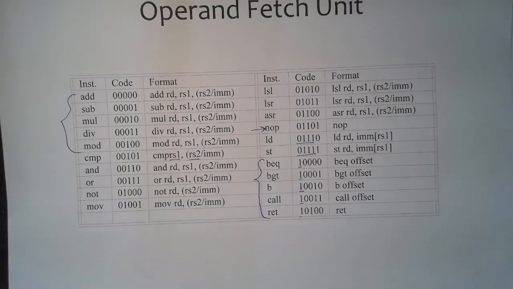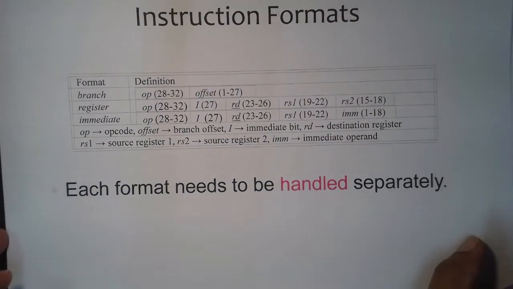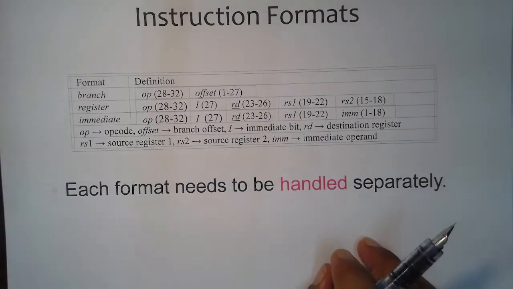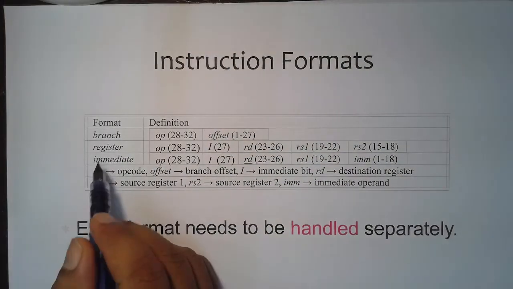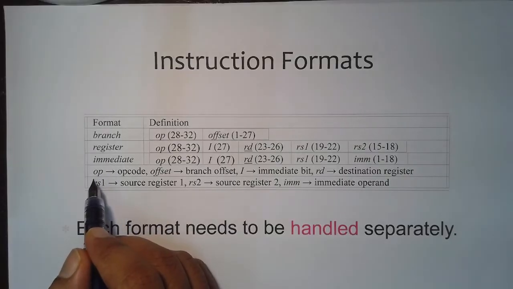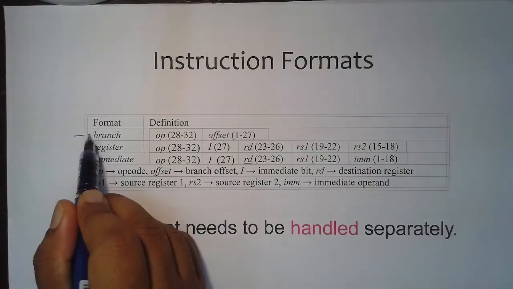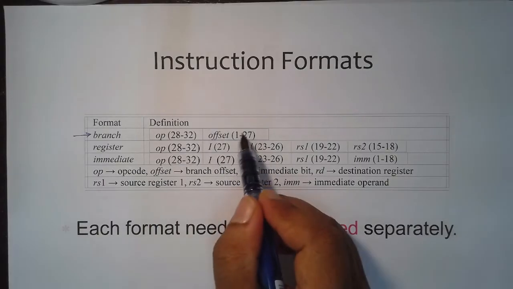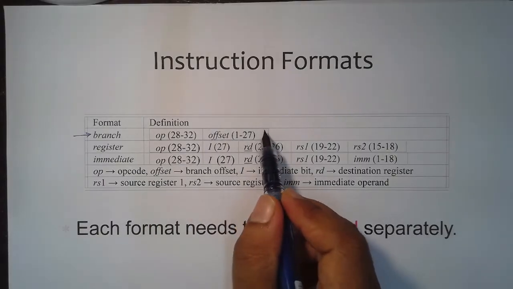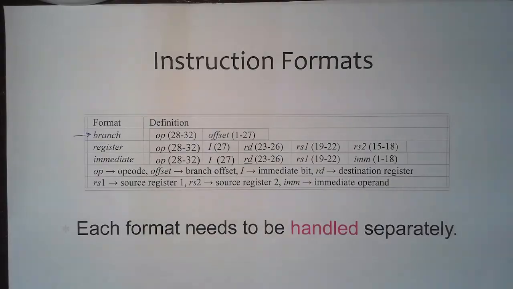To classify all these instructions, we have seen this earlier. We said that the instructions broadly can be classified into 3 broad categories. In case of the branch instruction, you have an opcode of 5 bits, and then there are 27 bits which are reserved for offset. So, it indicates where you need to branch to.